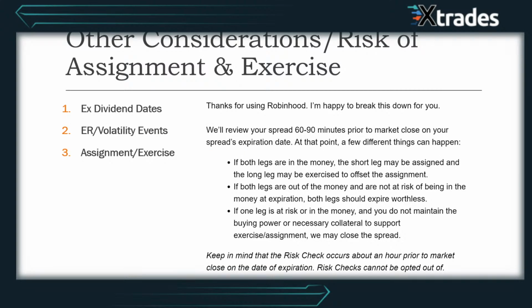So I know I mentioned risk of assignment earlier. When we're selling a contract, you always have the risk of the person on the other end of that contract exercising it. In the case of 007's credit spread, he did 187.5 and 190C, right?